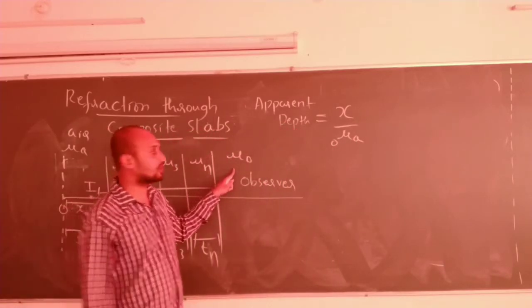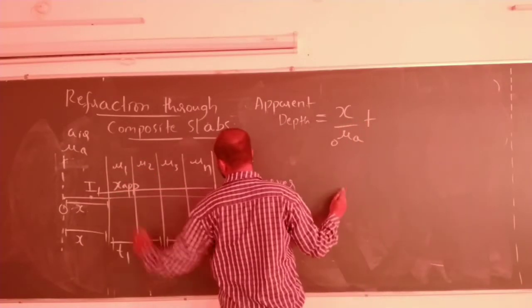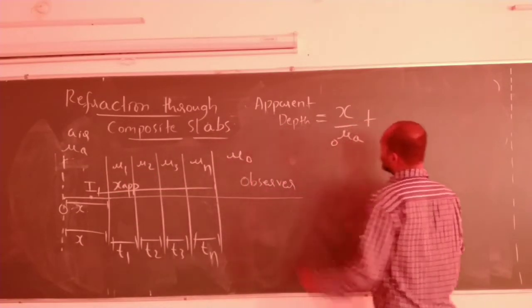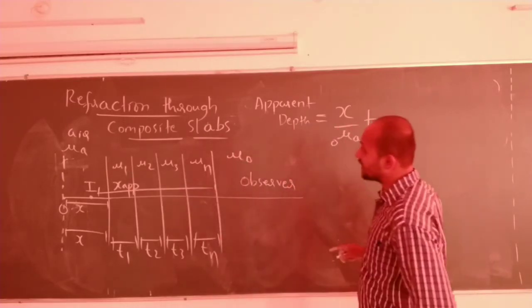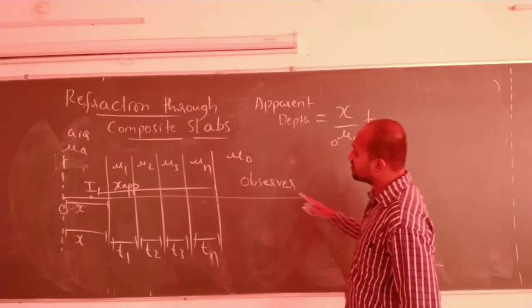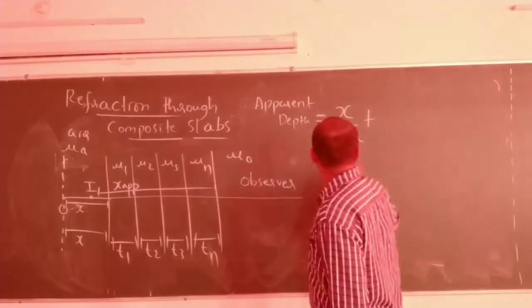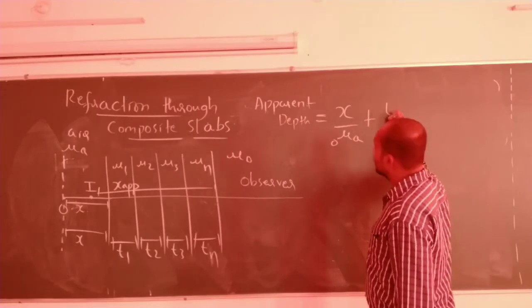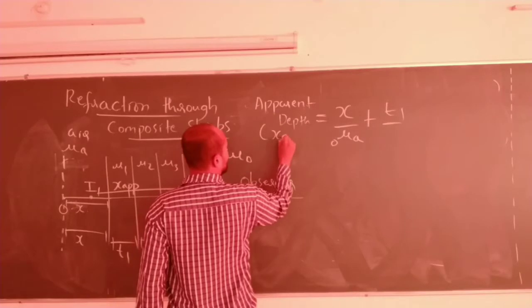Now the refractive index of A with respect to mu naught, plus what is this? Now I can write refractive index of medium, these are all with respect to air or vacuum we can say. Plus T1, this will be apparent depth. X apparent I can write.